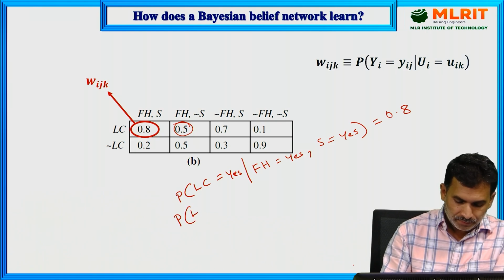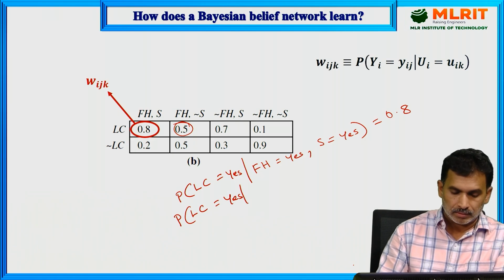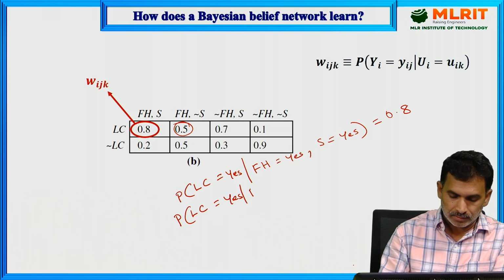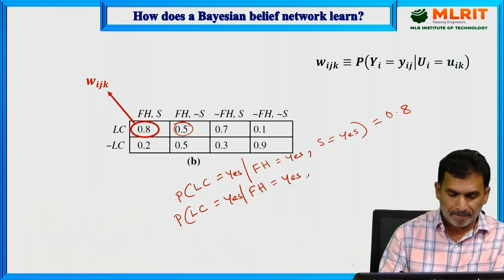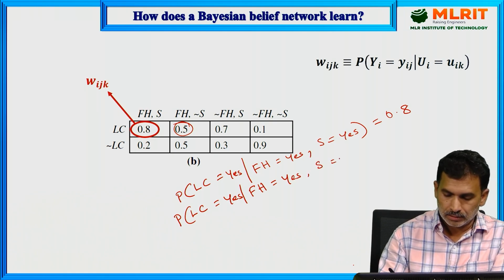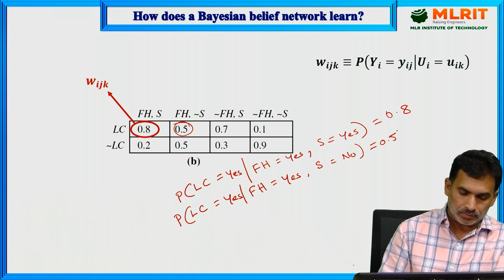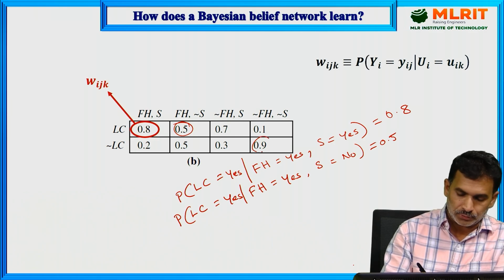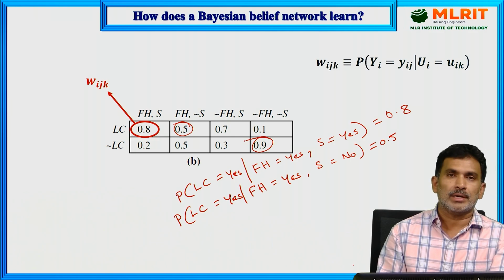So probability of lung cancer equal to yes given the family history yes and smoker no, that is equal to 0.5. Similarly, you can take another value, like 0.9, in this conditional probability table.